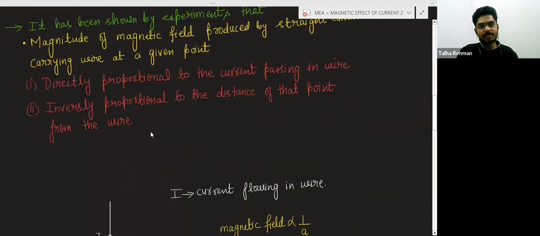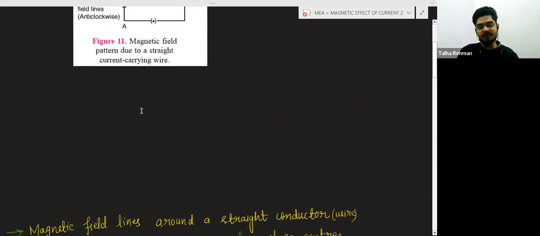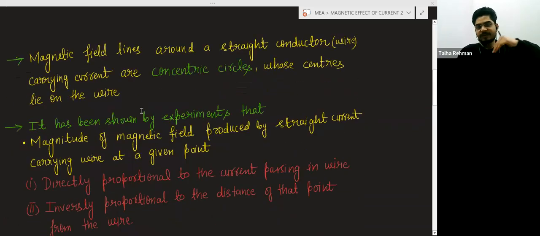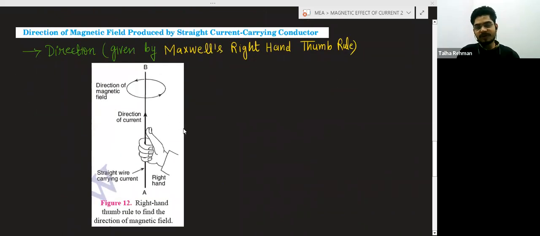So you can see the current is upward and we are getting the anti-clockwise magnetic field line. If current is in the downward direction, we will get the magnetic field line direction as clockwise.